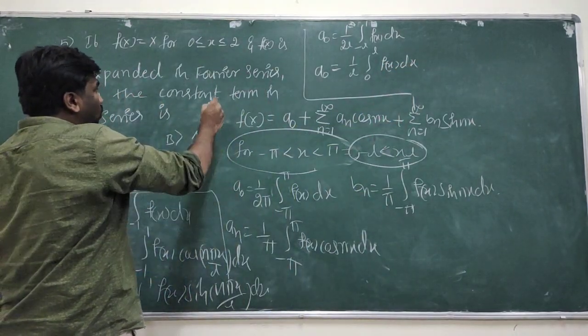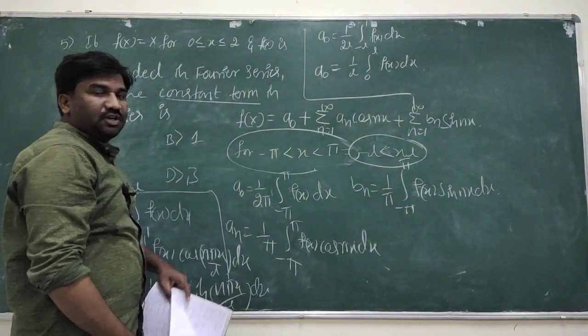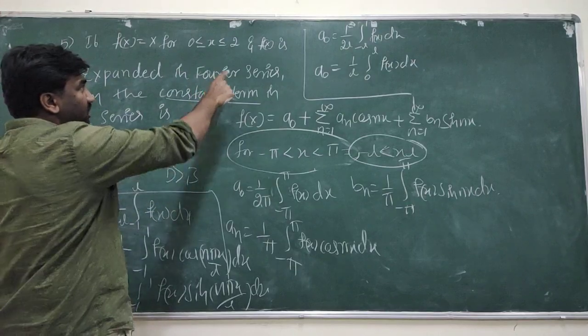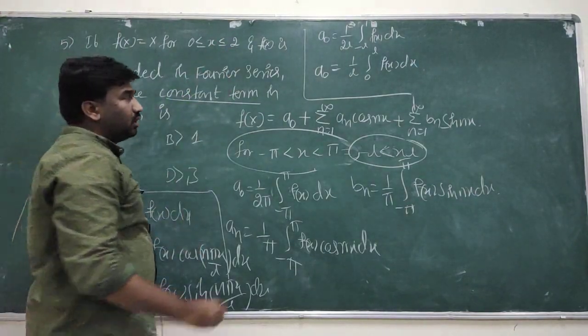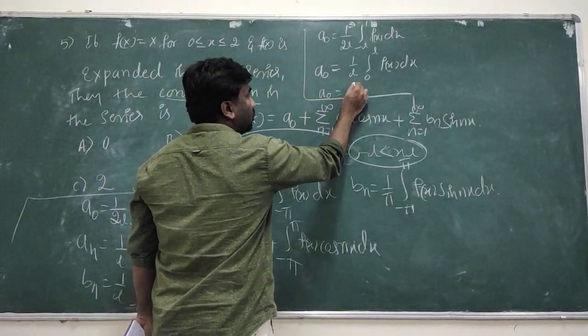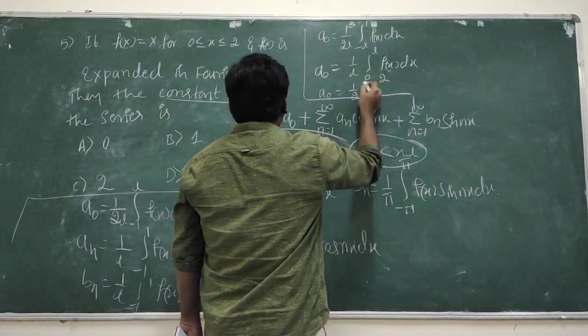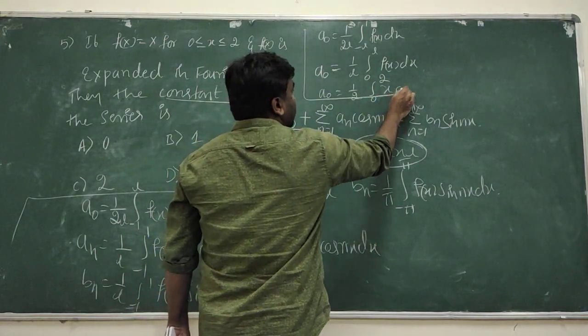So here they asked only for a constant term. a0 is our constant term in the series, and in place of L, just put 2. So a0 is equal to 1 by 2 into integration 0 to 2 f of x, which is nothing but x, dx.